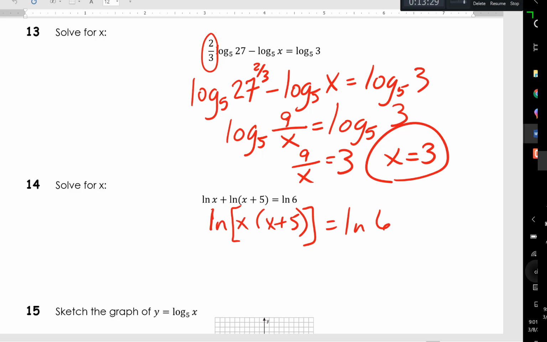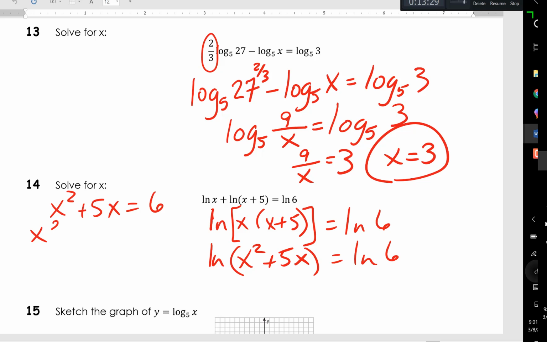So you've got natural log of x squared plus 5x equals natural log of 6. If you have 2 logs with the same base that are equal to each other, you know the arguments are going to be equal. So x squared plus 5x is supposed to equal 6. So that's a quadratic equation. Get everything on one side and factor.